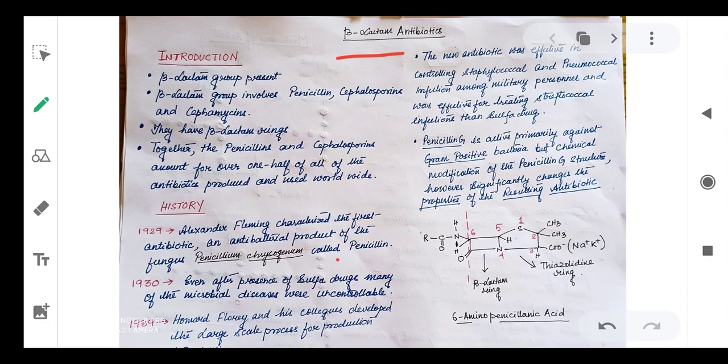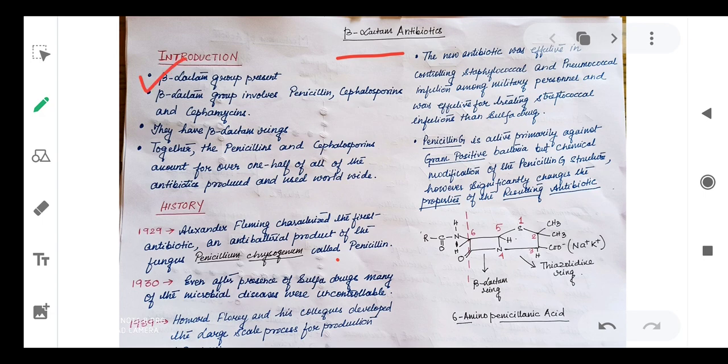The first beta-lactam antibiotic discovered, penicillin, was isolated from a rare variant of Penicillium notatum, since renamed as Penicillium chrysogenum. So, we are discussing the beta-lactam group of antibiotics.